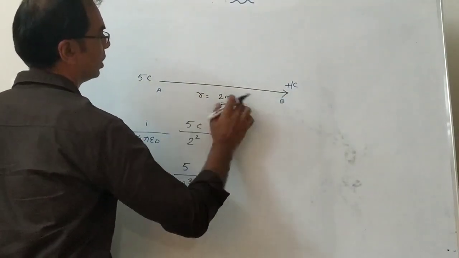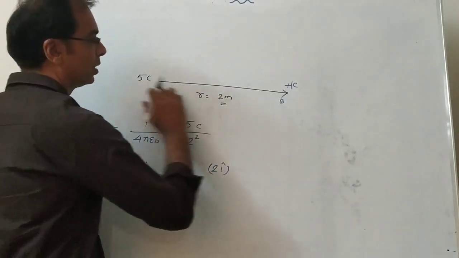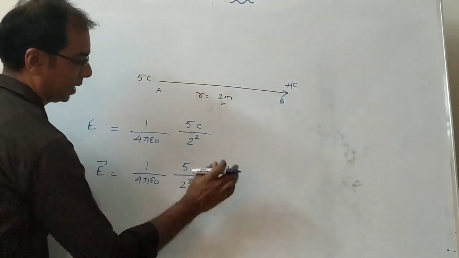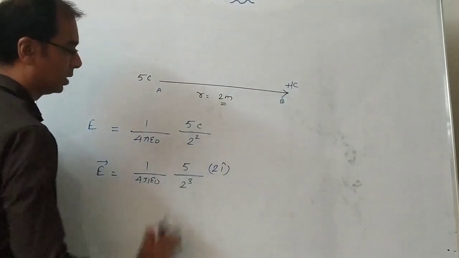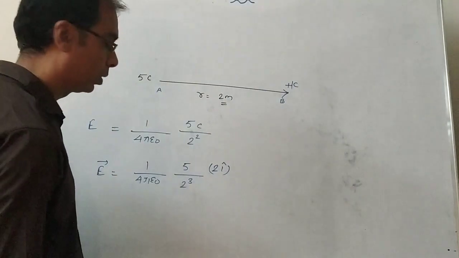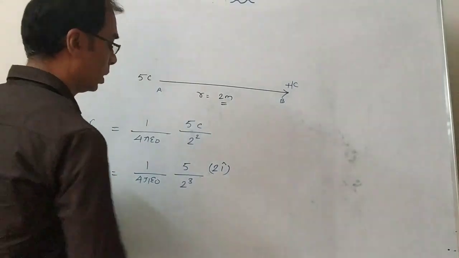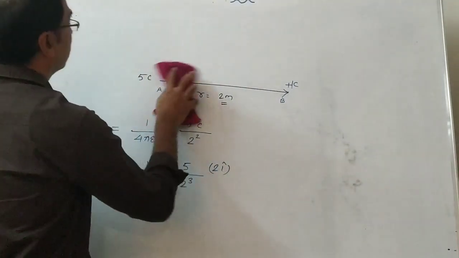This AB vector is 2 i cap. Its magnitude is 2 and the direction is the positive x-axis. So I have attached this. This is vectorially. Okay, now let's do some of the questions that we did for force.